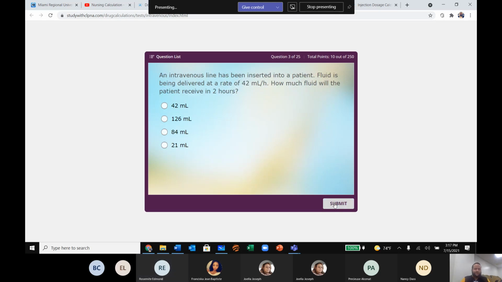Yes. Okay, go ahead. An intravenous line has been inserted into a patient. Fluid is being delivered at a rate of 42 ml per hour. How much fluid will the patient receive in 2 hours?